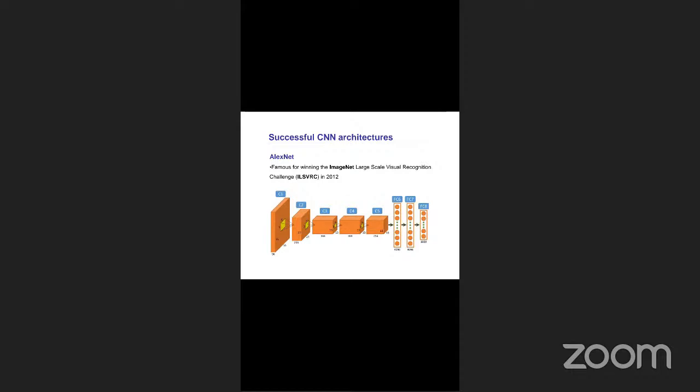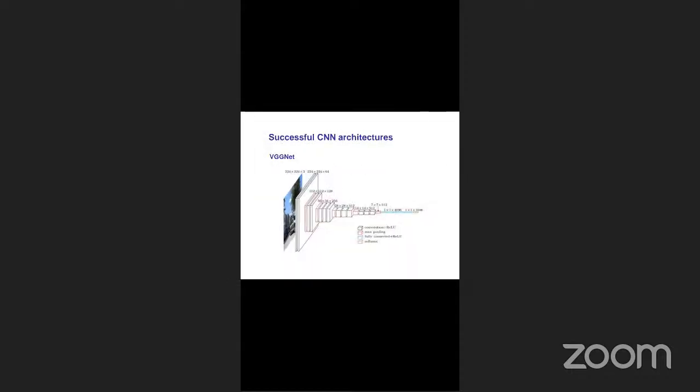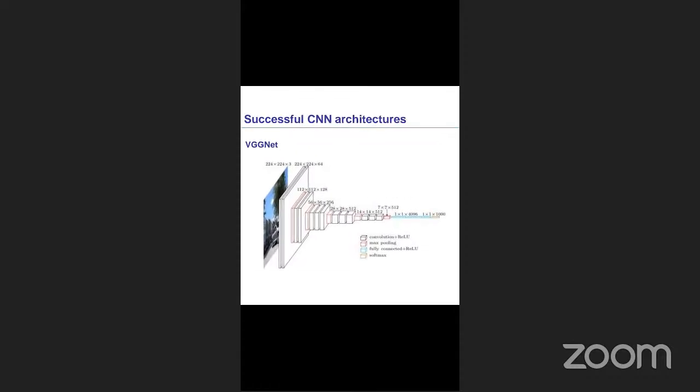Again, one more fully flattened layer. Again, it will be identified by a trained neural network. Then we have another successful architecture called VGGNet. You can see here, I will just zoom in.